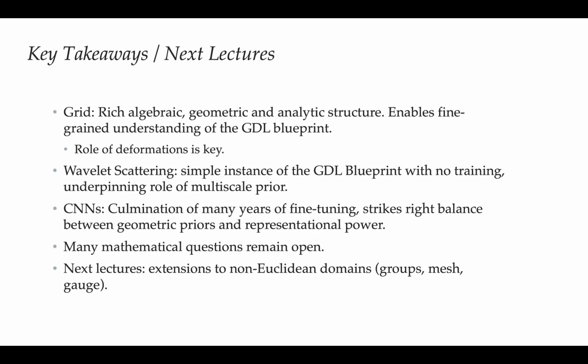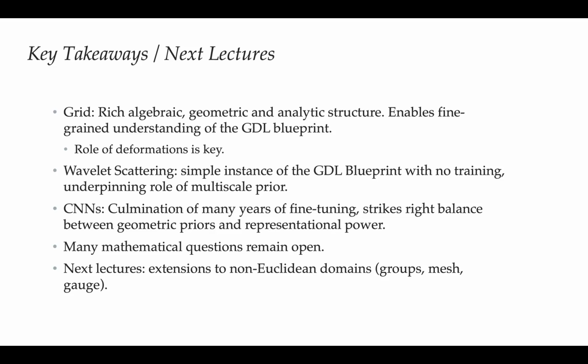An important element that the grid allows us to say things about is the role of deformations. If one just tries to build axiomatic representations from the notion of symmetry and invariance, what I showed here is that this view is not sufficient. It misses the point.